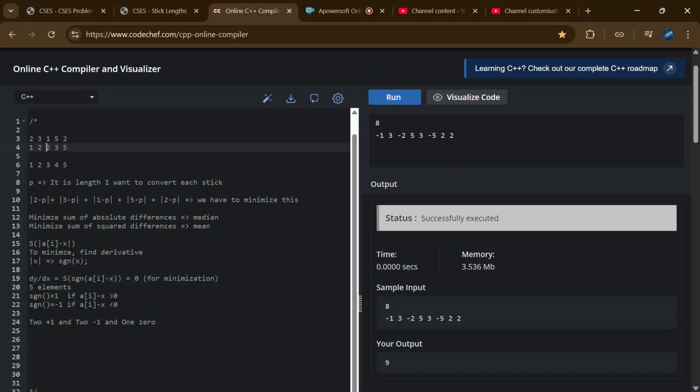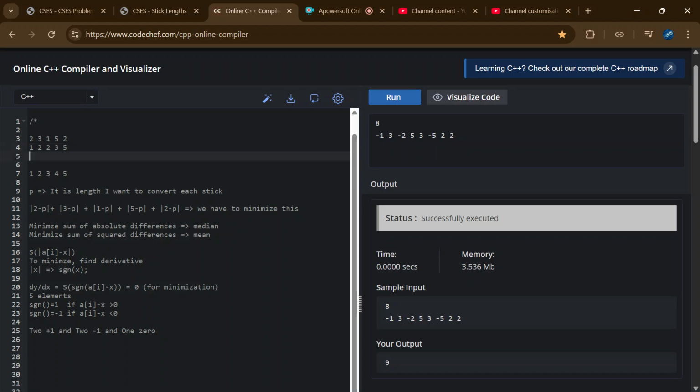But if we increase our median to 2.1, what would be there? Negatives will be 3 and positives will be 2. Let me write here: if we have 2 as median, we have 2 positives and 1 negative.